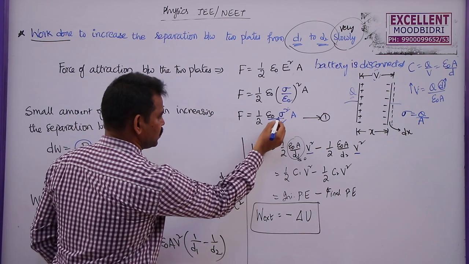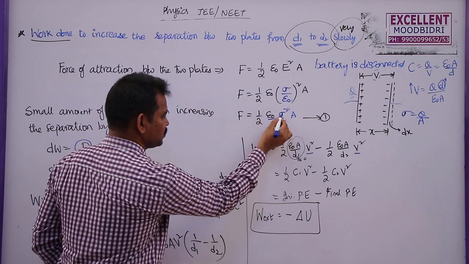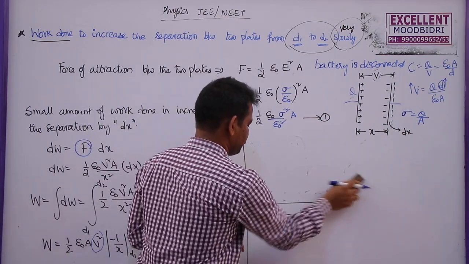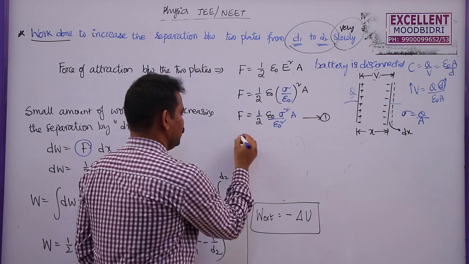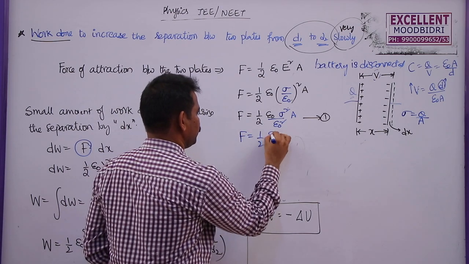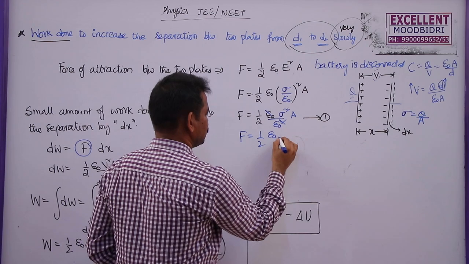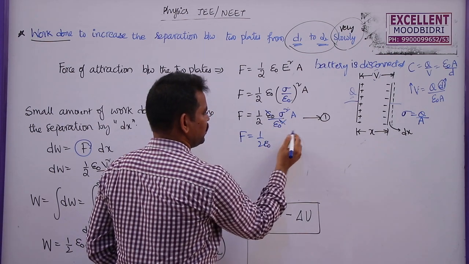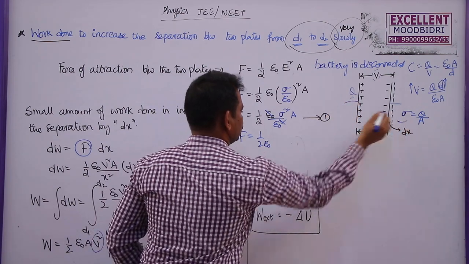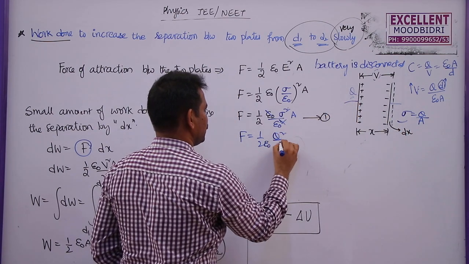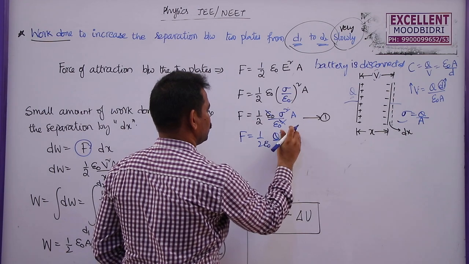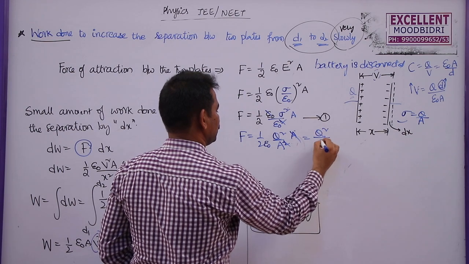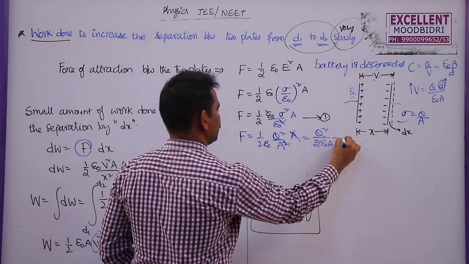Why? F is equal to half into epsilon naught, constant. So you will get only one epsilon naught here, 1 by 2 epsilon naught. Sigma is equal to Q by A, so sigma square means Q square by A square into A. This A and A get cancelled.